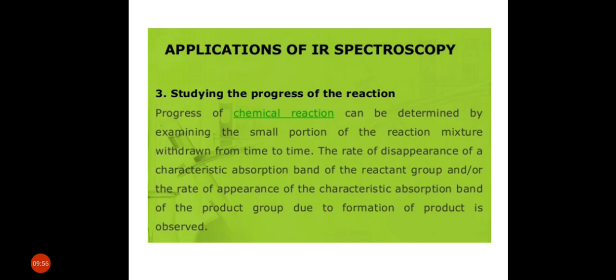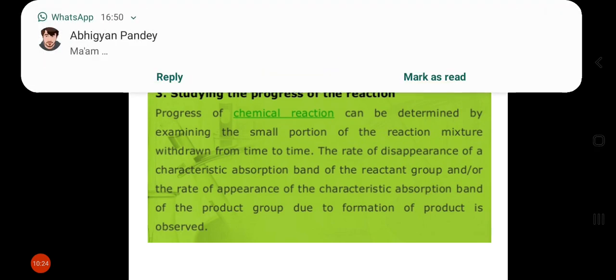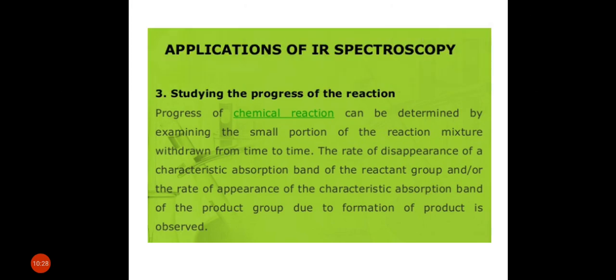The third application is studying the progress of the reaction. The progress of a chemical reaction can be determined by examining a small portion of the reaction mixture withdrawn from time to time.